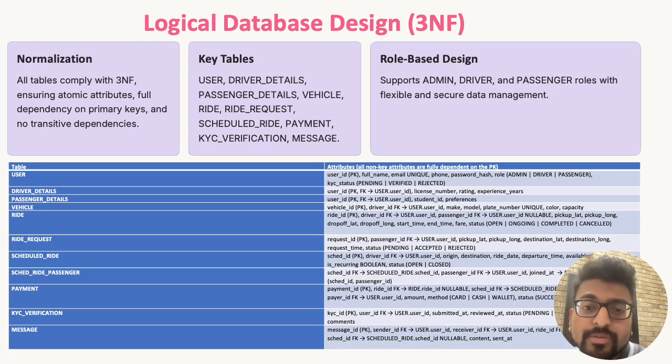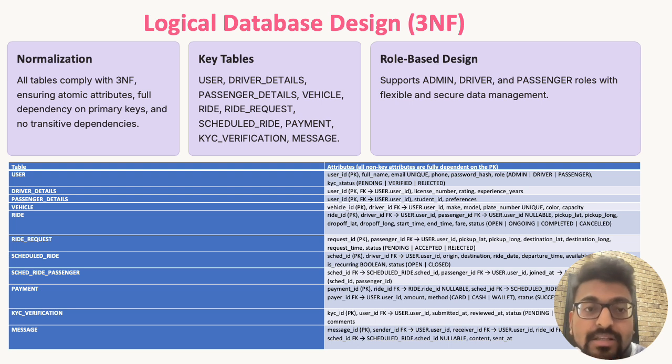Logical database design in third normal form works as follows: the user table has a UUID primary key, name, email, hashed password, plus a role enum that can be admin, driver, or passenger, and a KYC status. Notice the one-to-one arrows from user to driver details and to passenger details.